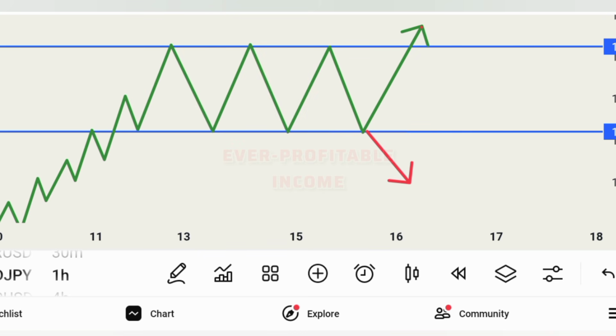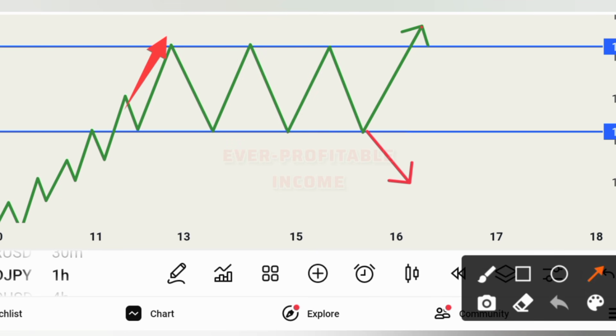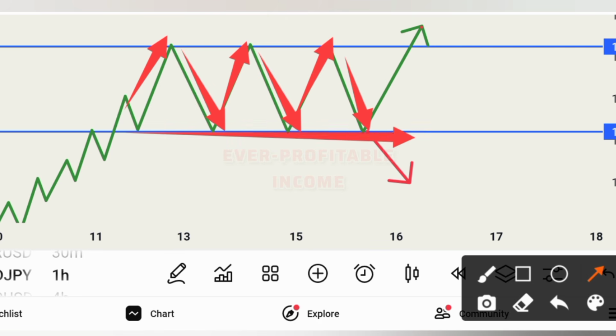The buyers will push it up, sellers will bring it down, buyers will push it up again, bring it down. So like that until one of these competitors wins the battle. Either the sellers win the battle by eventually breaking the zone and pushing price down, or the buyers win the battle by eventually breaking that zone and pushing price up.